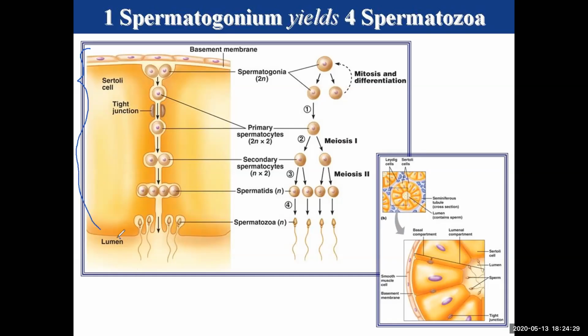So this is the luminal side here. Sperm will be released into here. You have the Sertoli cells, and between the Sertoli cells, there's a process by which your male stem cells become a sperm. So we have here mitosis.